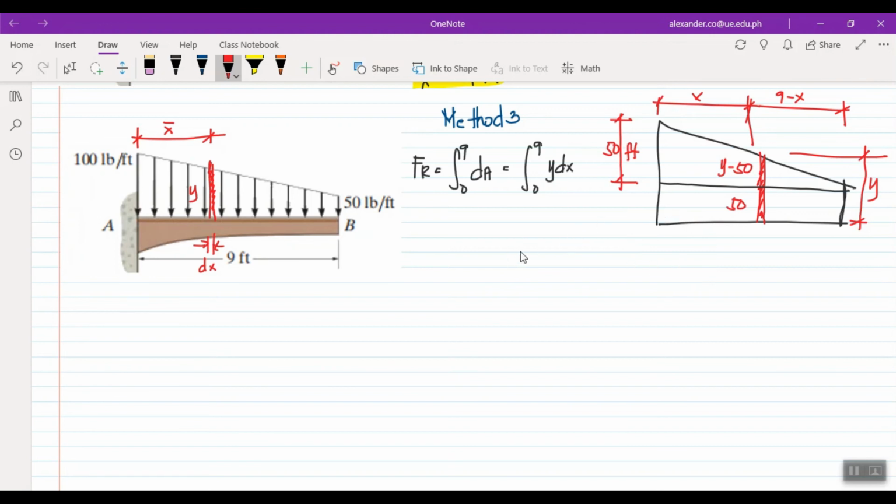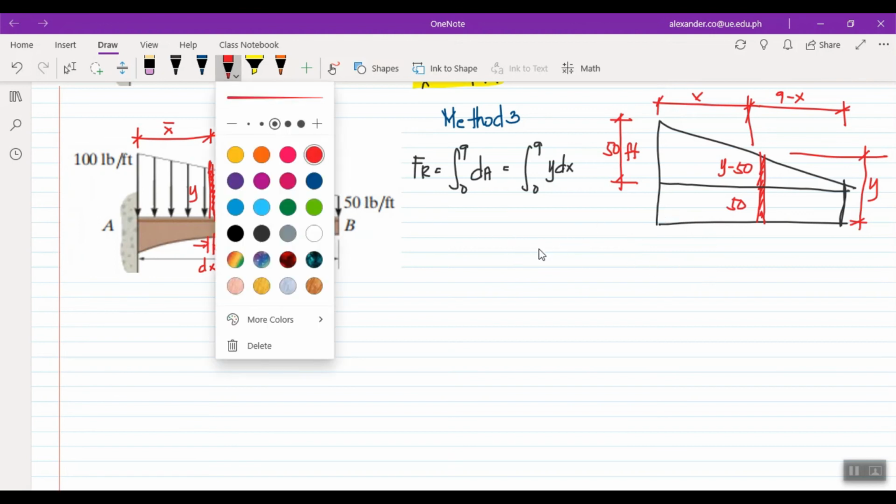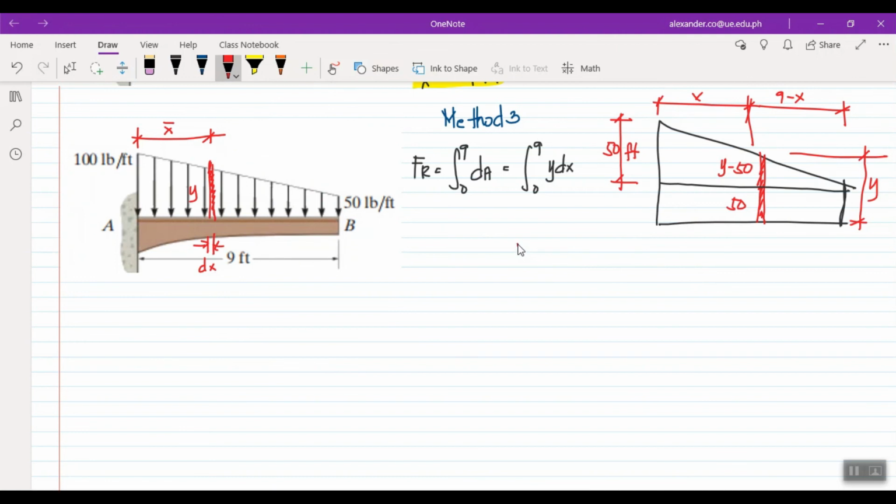Yung ratio and proportion yan will be like this. It's y minus 50, yung smaller triangle. Ito yung smaller triangle. So, ano yung x niya? That is 9 minus x. Compare mo sa bigger triangle. Ito, 50 over 9. So, what is y?